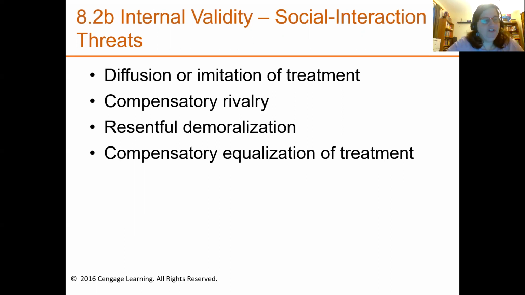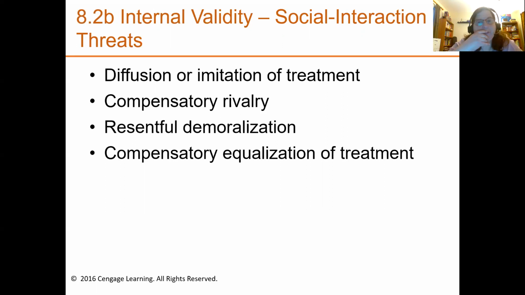Resentful demoralization. This one, the comparison group knows what the program group is getting, and instead of developing a rivalry, control group members become discouraged or angry and give up. And finally, compensatory equalization of treatment. This is bad news on the researcher's part.